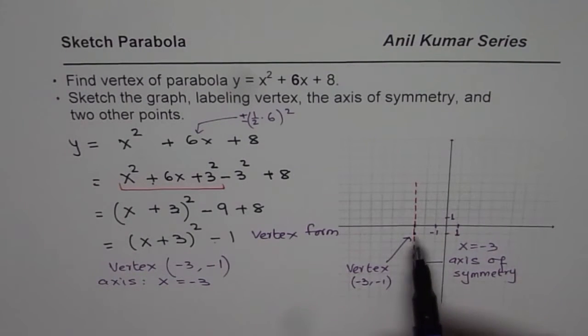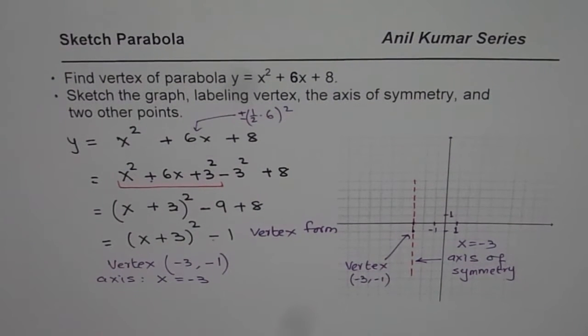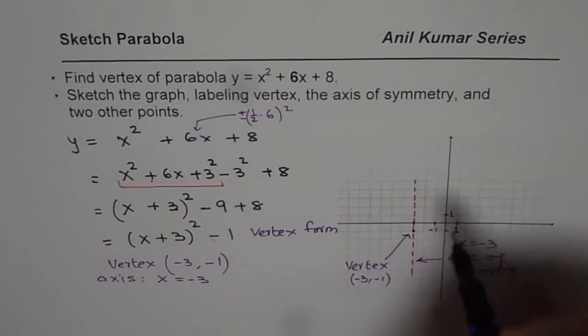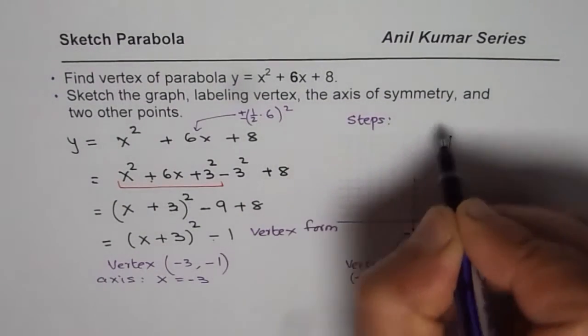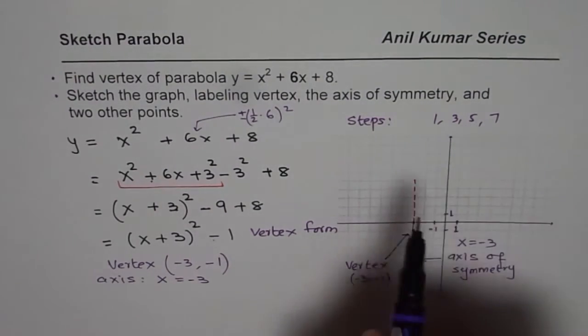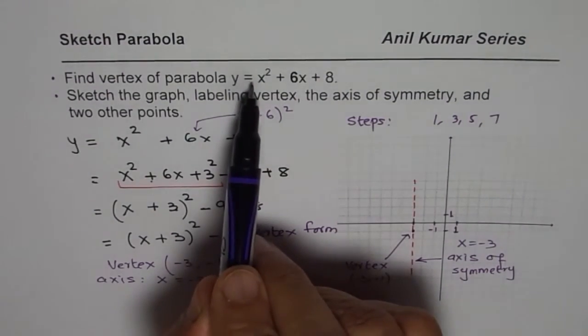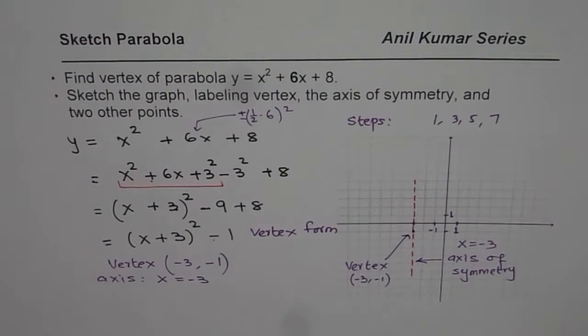To sketch the parabola, we can follow a pattern. Whenever we are sketching a parabola from the vertex, the steps normally are 1, 3, 5, 7. Since this coefficient is 1, they will remain 1, 3, 5, 7. What does that mean?